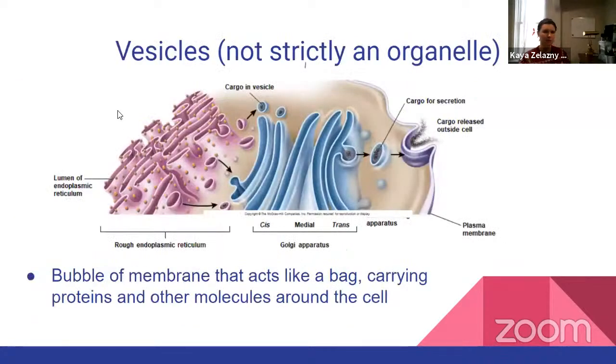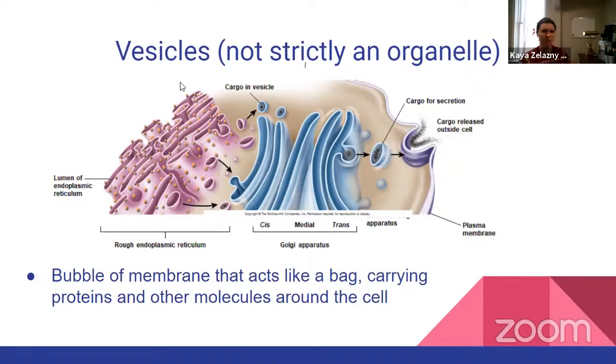Okay. So after we've sent the code from our nucleus to the ribosomes, that ribosome is maybe embedded in the rough endoplasmic reticulum. So as we're making our protein, it starts to fold in the rough endoplasmic reticulum. We're now going to start sending the proteins to other parts of the cell.